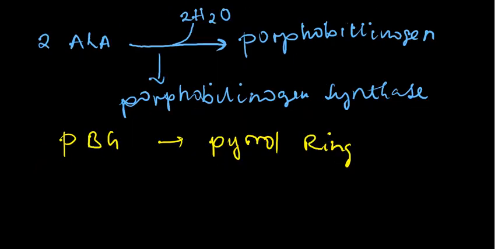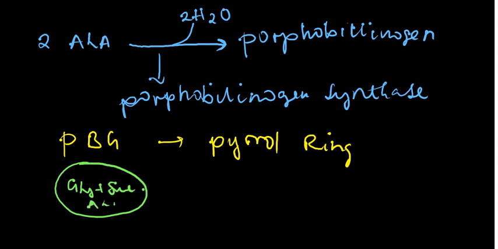The next thing is that ALA leaves the mitochondria. Remember, all this reaction was happening in the mitochondria. The first one, we had glycine and succinyl CoA combining to give us ALA. Now this ALA leaves the mitochondria and goes into the cytosol.